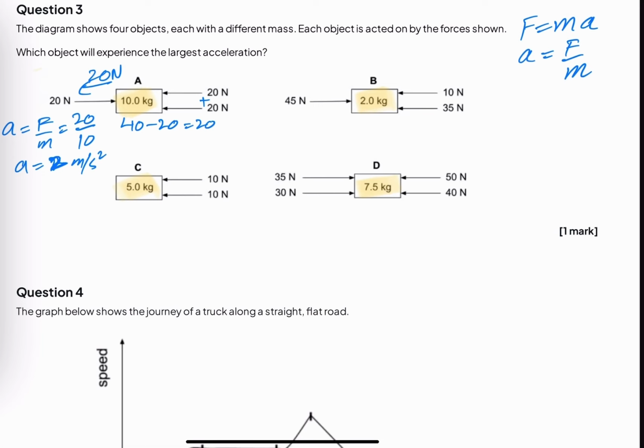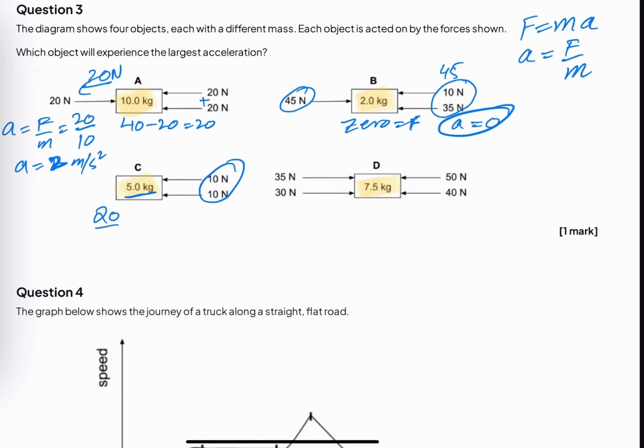Let's check the second one. Second is 10 plus 35, that will give you 45 force, and on the right side there is also 45. So the resultant force is 0. When the force is 0, acceleration will also be 0. For the C part, there is a 20 Newton force toward the left side and mass is 5.